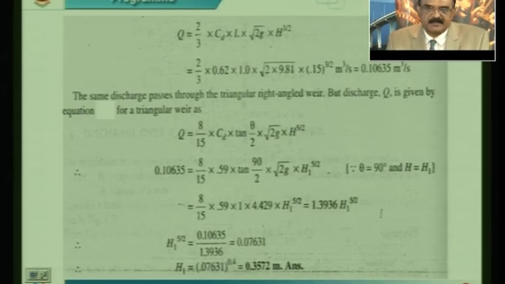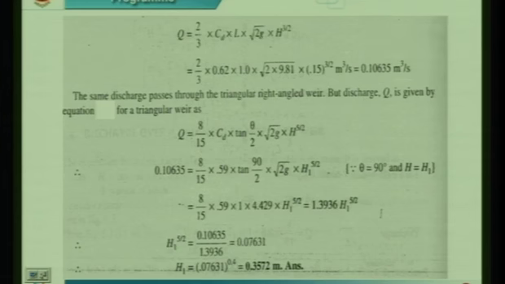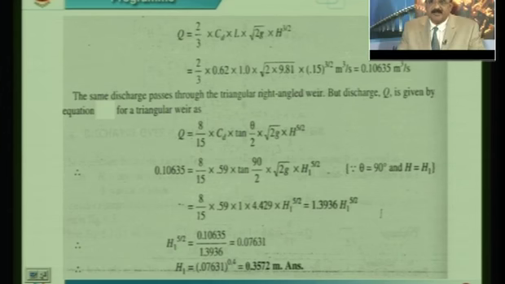What are the takeaways? Kindly recall what we discussed in the last class. Why are V notches preferred over other notches? One of the advantages I mentioned is, even for low discharges, the head over a V notch is very high compared to other notches. Why? If you talk about a rectangular notch or a trapezoidal notch, you have what is known as a crest length or a sill length.